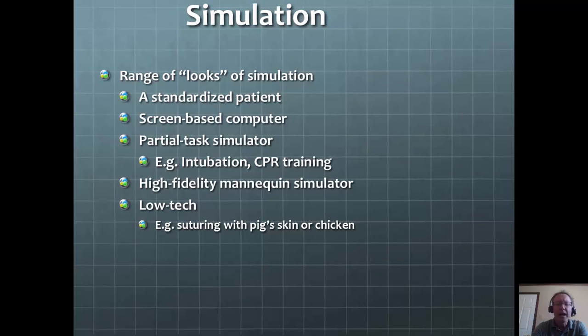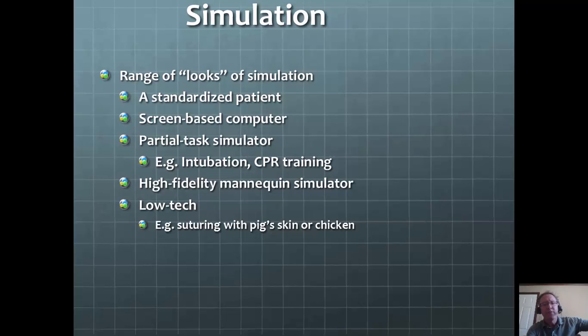There is a wide range of how simulation can appear in medical education. Some examples are the standardized patient, which often emphasizes such things as communication skills as well as physical diagnosis. One can use screen-based computer training to educate and simulate clinical situations.